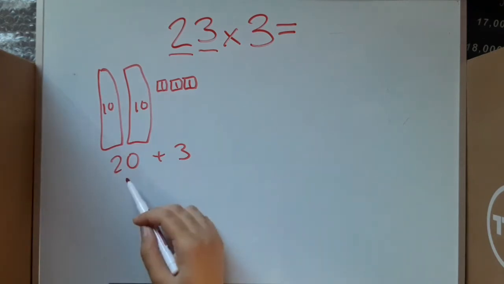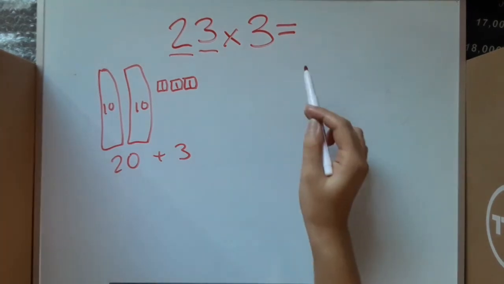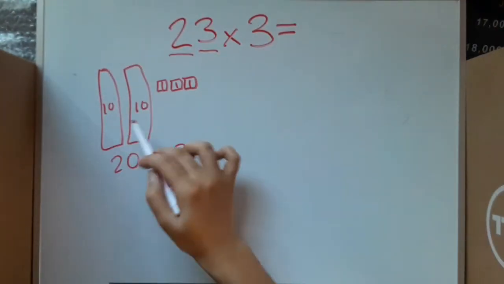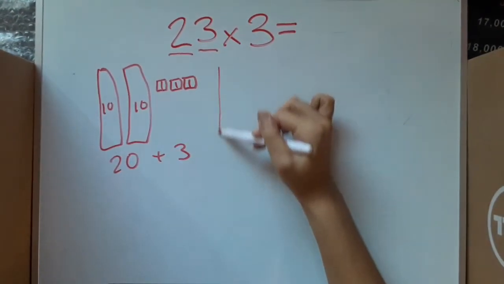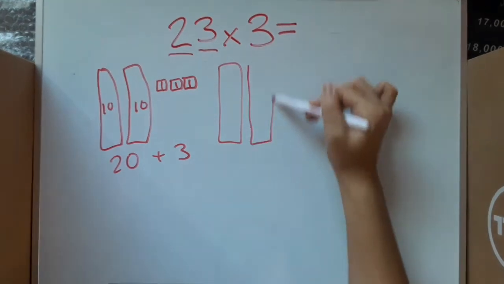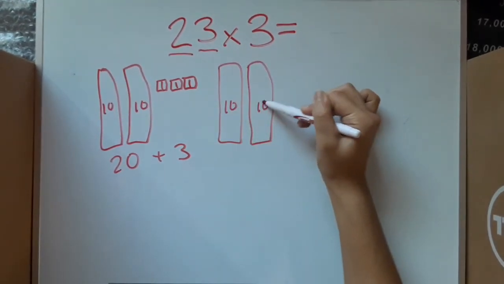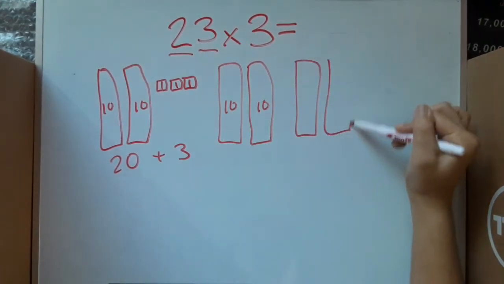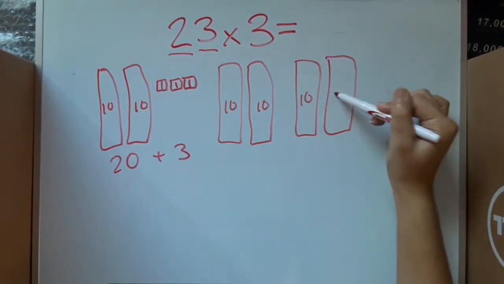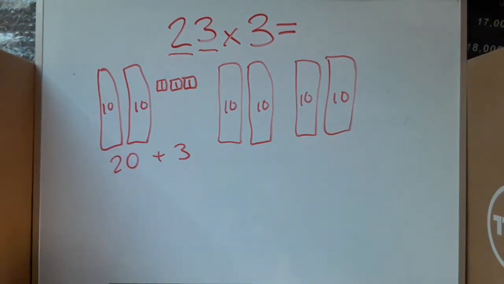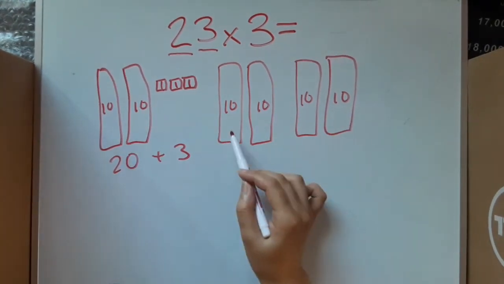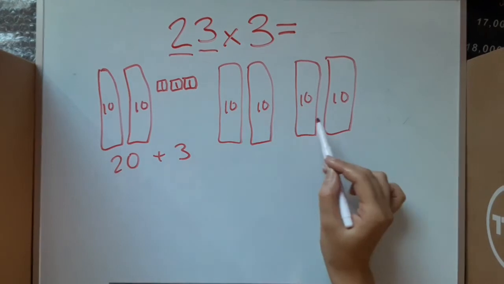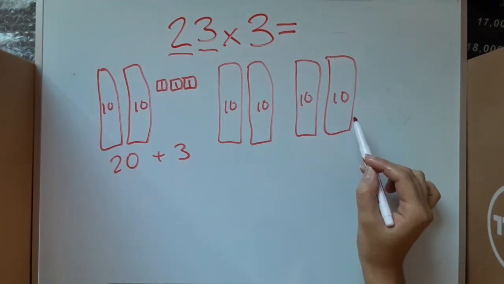Let's take our 20 and multiply it by 3. So we have these 10s, another set of 10s, and another set of 10s. So now we have 20, 30, 40, 50, 60.